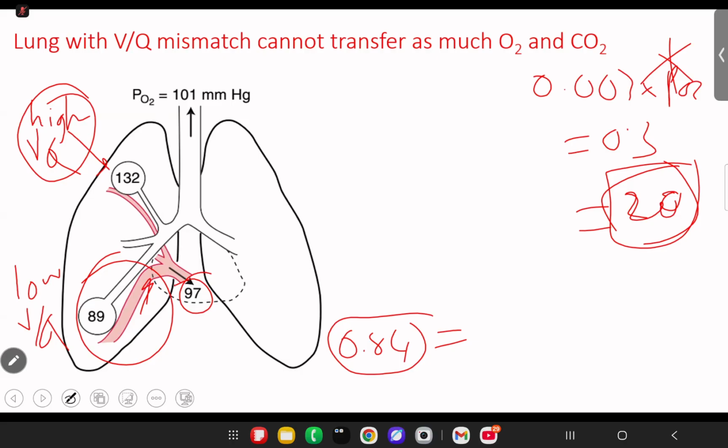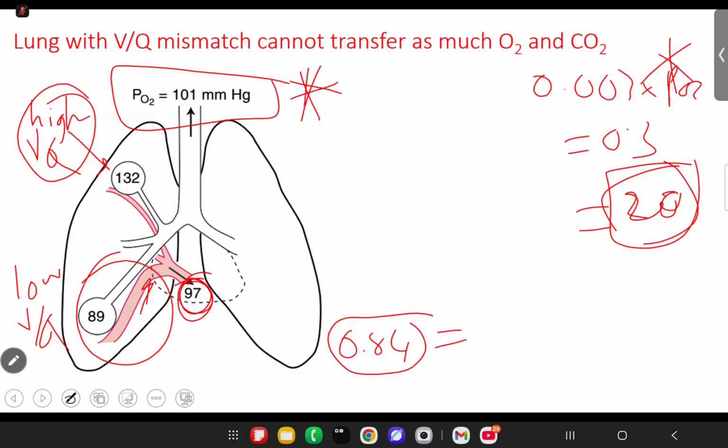But with oxygen, your body is having 97, but the expired one is actually more than that. That can be asked in an MCQ. Expired oxygen tension or PO2 is higher than your arterial. That cannot happen in a normal diffusion kind of setup.